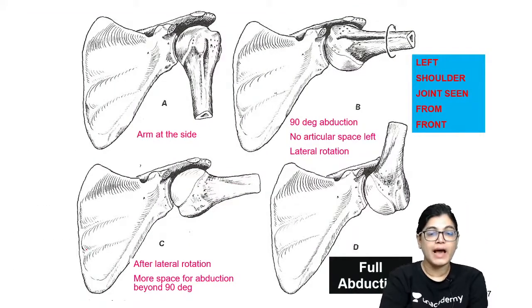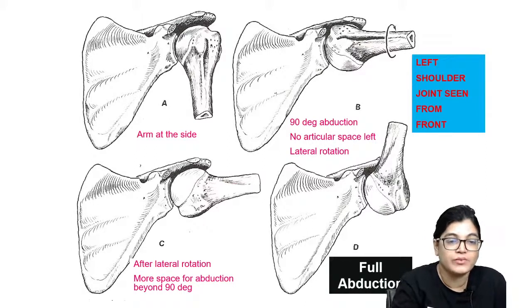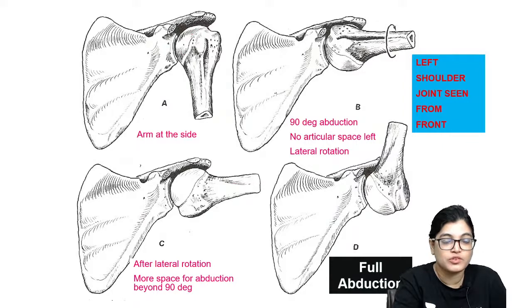Now, this is a diagram taken from Langman's, and here you can appreciate how the whole 180 degrees of abduction is achieved. This diagram shows the shoulder joint, with the arm lying by the side.